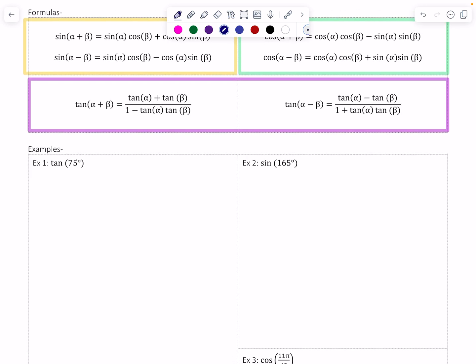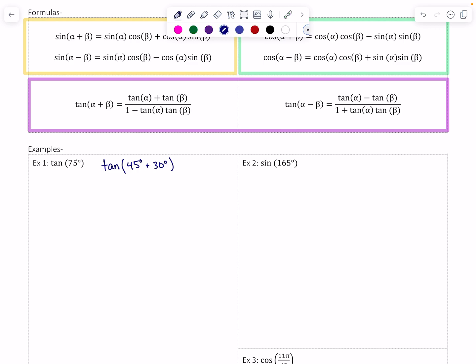So let's break this 75 up into tangent of 45 degrees plus 30 degrees. So we can both evaluate tangent of 45 degrees and 30 degrees. And what we're going to do is use this formula right here, right? So tangent of theta plus beta is equal to tangent of theta plus tangent of beta over 1 minus tangent theta times tangent beta.